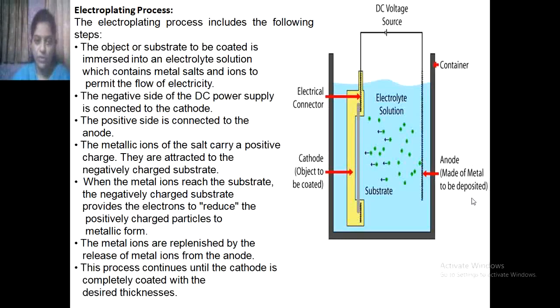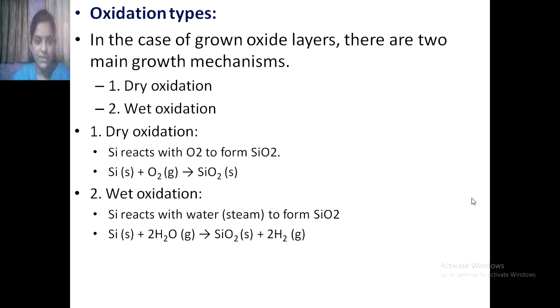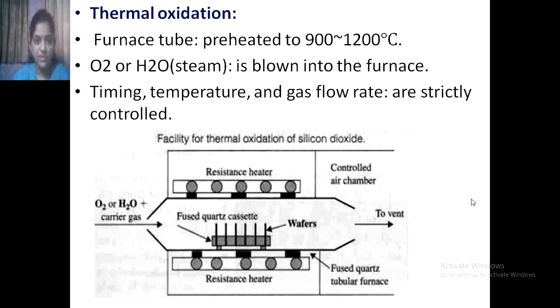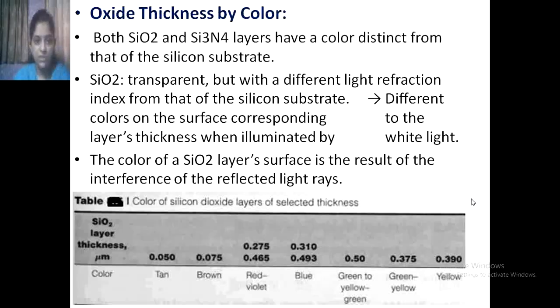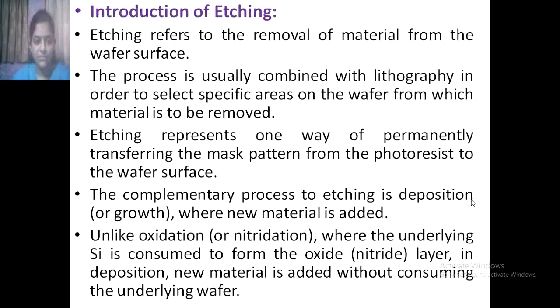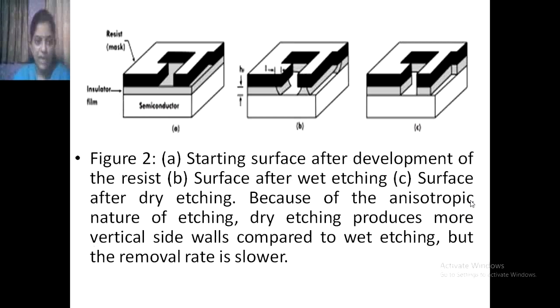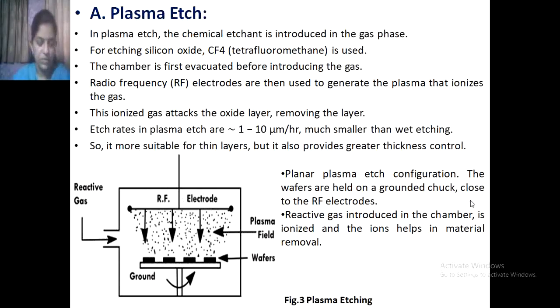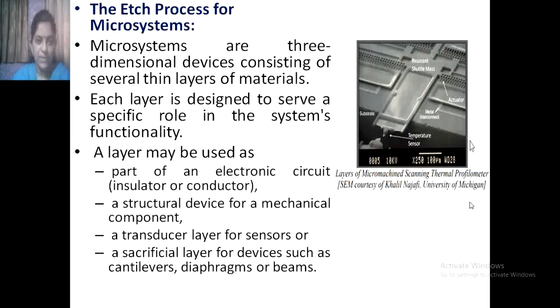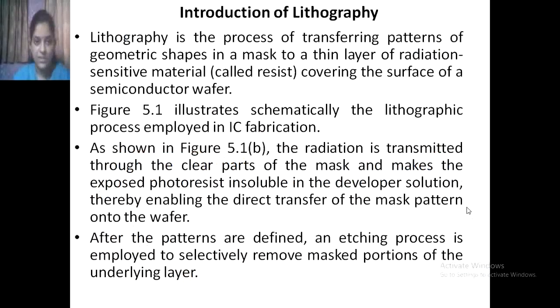Then electroplating we have seen, then oxidation and its types. In thermal oxidation, wet and dry oxidation we have seen. In etching, there is wet etching and dry etching. In dry etching, 3 types we have seen: plasma, ion beam, reactive beam. Then we have seen the etch process for microsystems and the example of transistor etching.